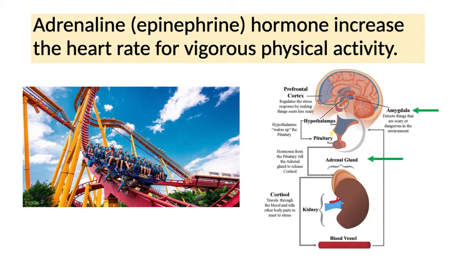So as soon as the amygdala detects a scary or dangerous environment, there will be a chain of reactions that includes the hypothalamus and so on until it reaches the adrenal gland located on top of your kidney. This adrenal gland will secrete the adrenaline hormone, or epinephrine, and this epinephrine will be carried by the blood and reach the SA node, and the SA node will then respond to the hormone by speeding up the heart rate.